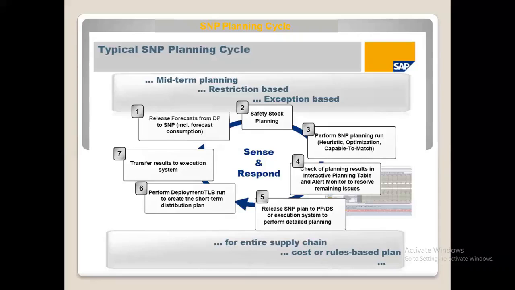Once the planning is done, business will review the planning results, and if any alerts are there, they are going to resolve that. Once they check the results, they are going to release the SNP plan to PPDS for short-term production planning.